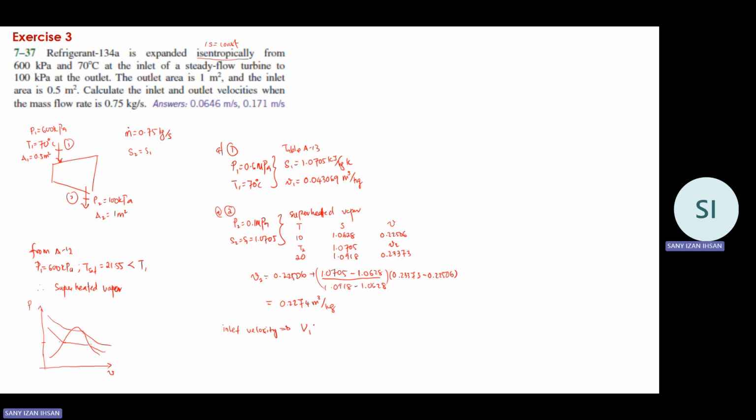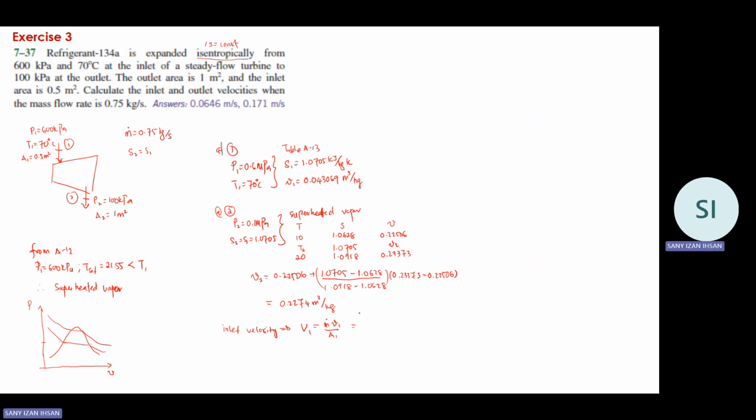V1, which is the velocity, is nothing but equal to m dot times the specific volume V1 divided by the area A1. M dot is already given from the problem, 0.75 kilogram per second. V1 we got already from table A13, and A1 is also given.